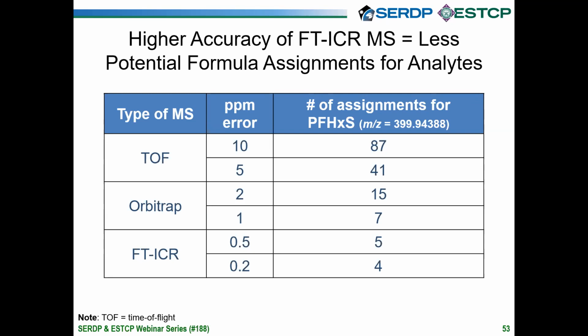So that means ultra high resolution accurate mass gives you a very strong first indication of what analyte you're looking at, but there is additional evidence that we need to collect from these mass spectra to unambiguously say this is the actual PFAS, or the actual analyte, we're looking at.